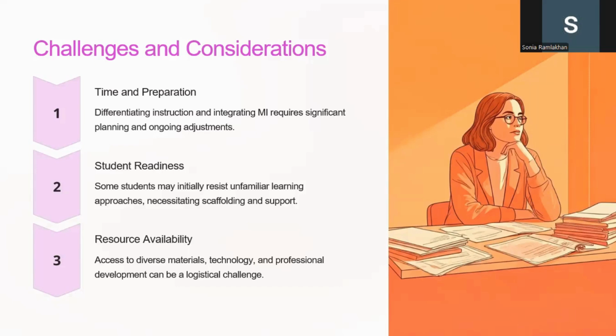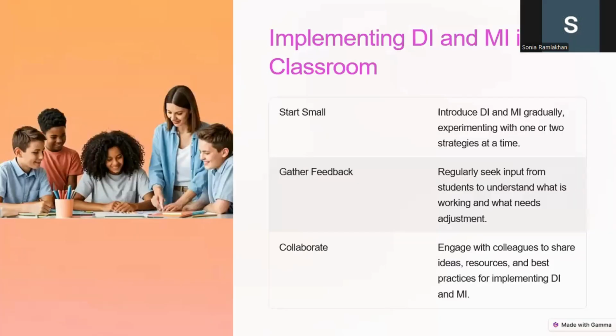Lastly, number three, we have resource availability. Effective implementation of DI and MI requires access to a wide range of materials and resources. This may include books, digital tools, and training for educators. Limited resources can pose challenges for schools looking to integrate these strategies effectively.